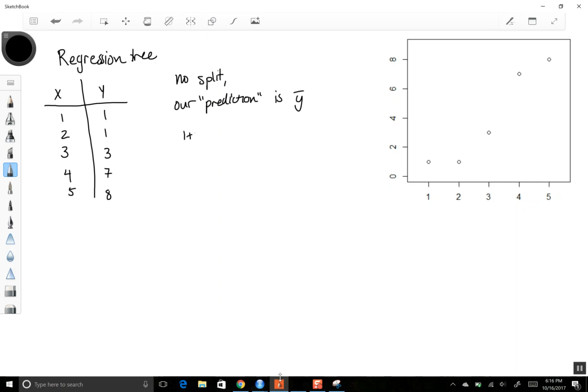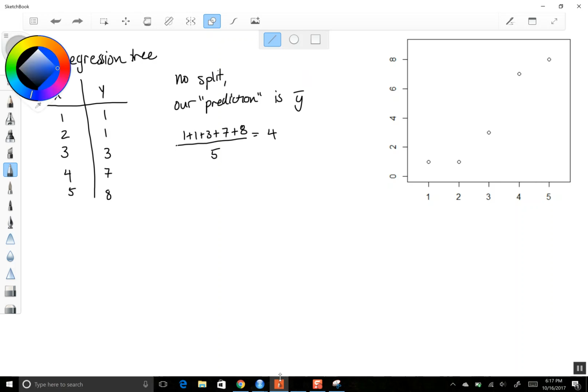So we do 1 plus 3 plus 7 plus 8. And what is this? 20 divided by 5. So we get 4, and then our regression estimate looks something like this here.